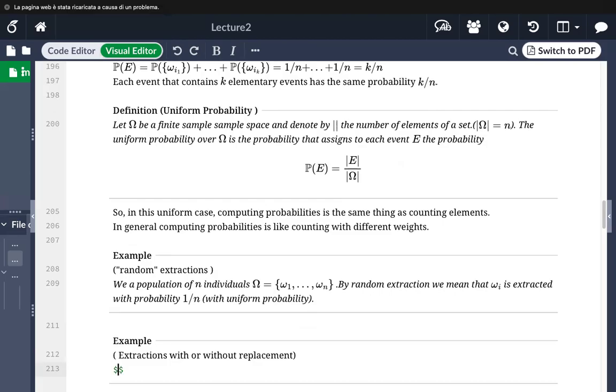So let me denote the sample space of extractions with replacement from n individuals, of two extractions, let's say.